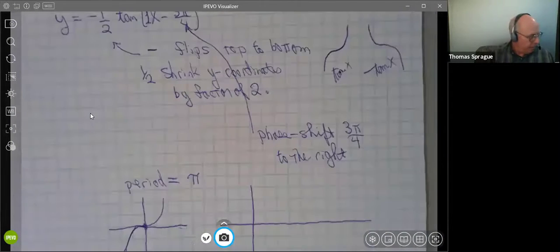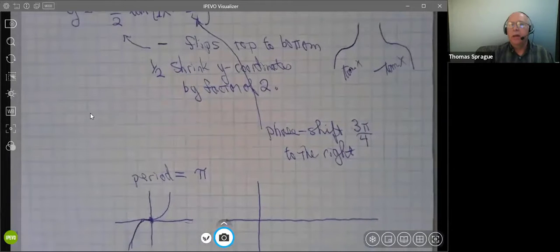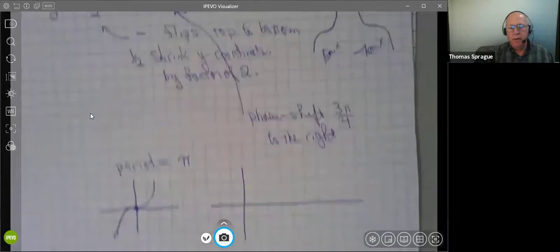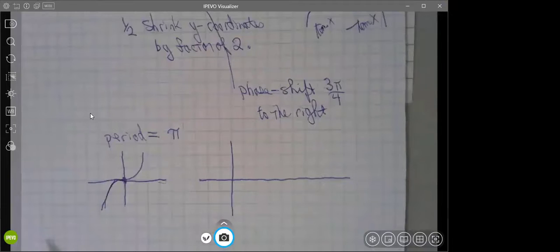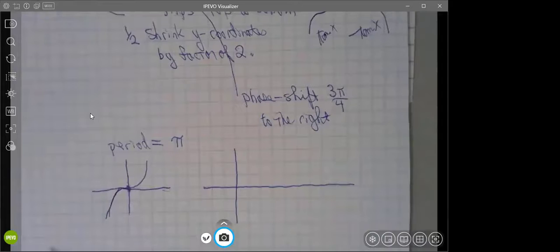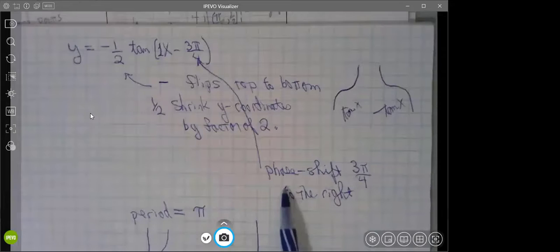Okay. Does that address your question, Lucas? Oh yeah, it's just when you rewrote the phase shift to the right, you show a positive 3 pi over 4. Yep.